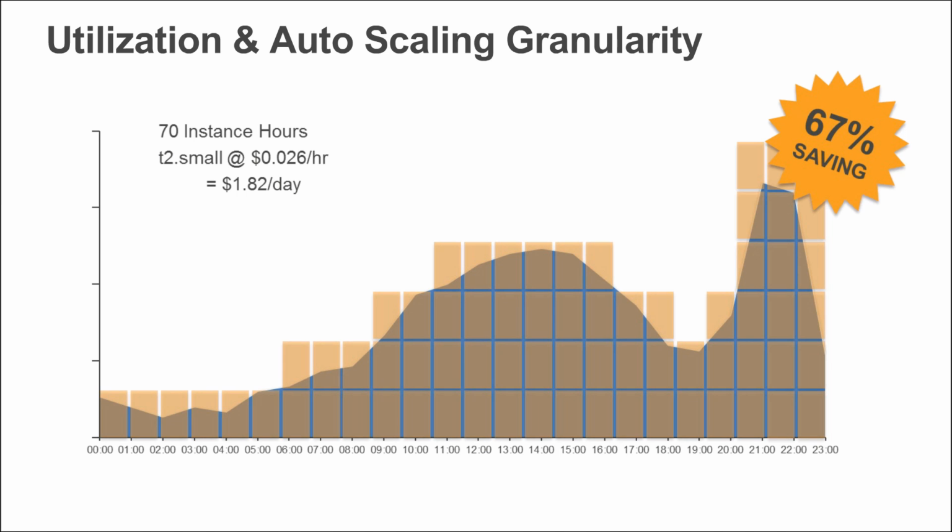And that means that you're more closely right-sizing your server capacity to the demands of your customers coming in. Now, during those peaks, you'll be adding a lot more servers. But because they're smaller and better match to the work, you'll be paying a lot less. In this case, you'd only be paying about $1.80 per day, which is a 60% savings just by switching to a different instance type from the M4 to the T2.